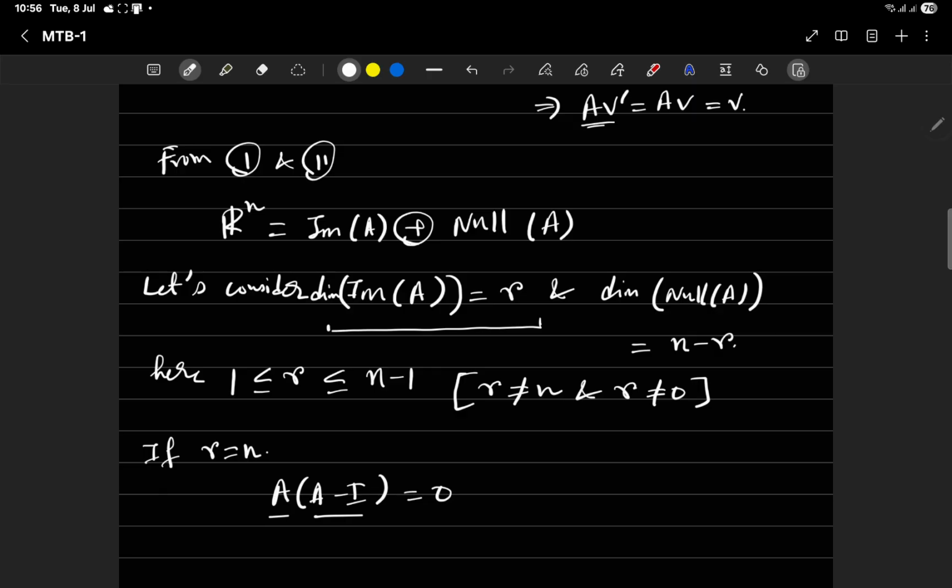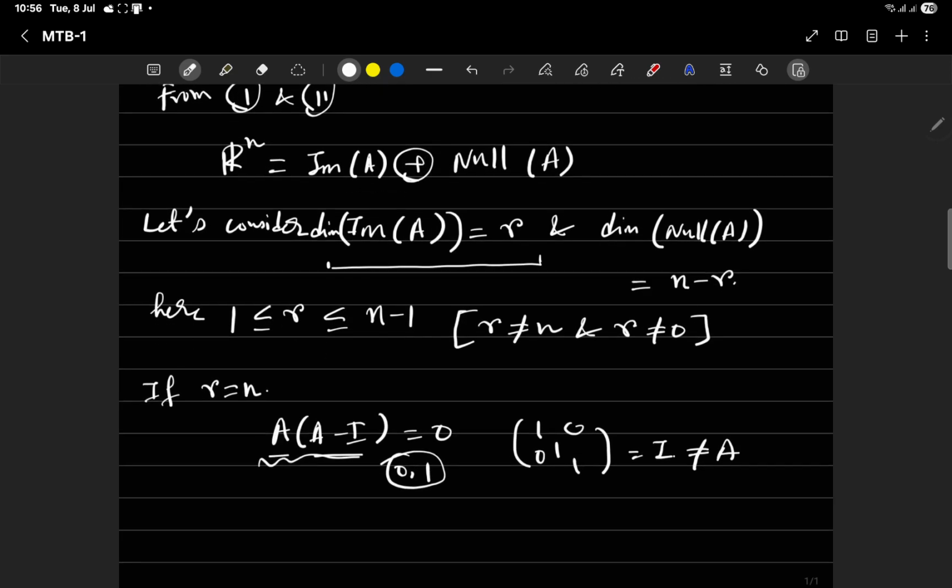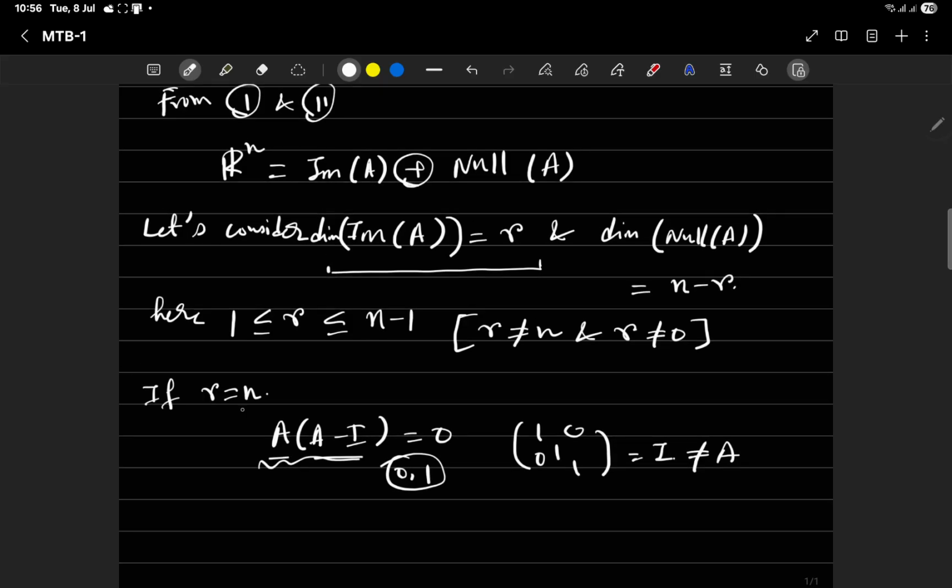It is diagonalizable and has only eigenvalues 0 and 1. But as your nullity is 0, that means no eigenvalue can be 0, then all eigenvalues are 1. If you diagonalize, you get all 1, which means this is the identity matrix. But what is given? A is not equal to I, if you can remember. So that means R cannot be N. Okay, so contradiction.